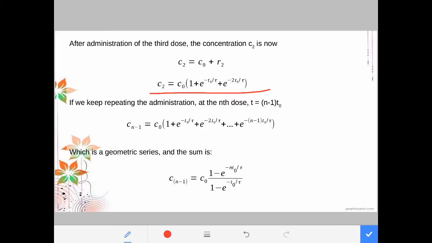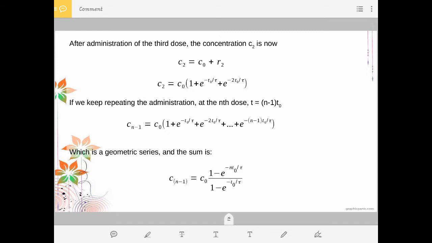Now, we repeat that as many times as your prescription tells you to. So if it's 2 times a day for 7 days, you have 14 times, and you just do that repeatedly. If we keep repeating that administration, the time of the nth dose is defined as n minus 1 times T0.